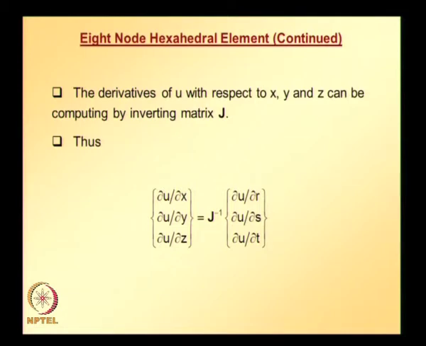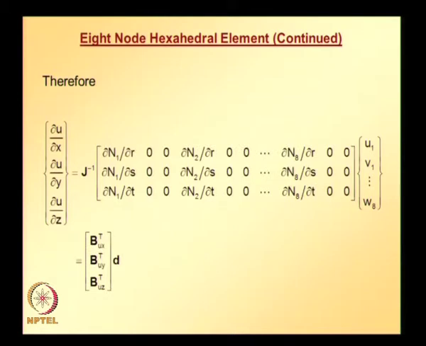So, substituting all that information, we get this, which can be compactly written using Bux, Buy, Buz.